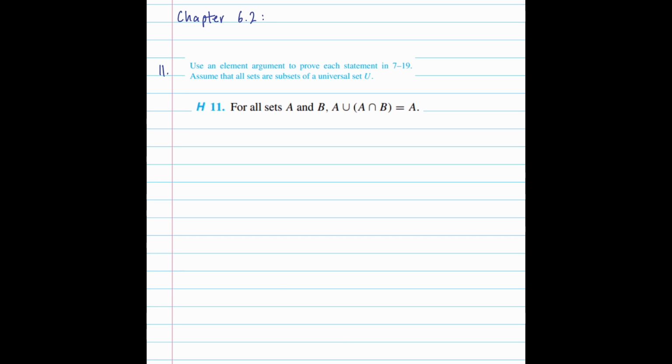So we're in chapter 6.2, and the first question says, for all sets A and B, A union with the intersection between A and B equals A. So if you remember, to prove something like this, we need to first prove this side equals this side, and then after that we prove the right side equals the left side.